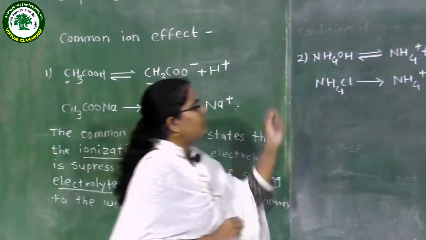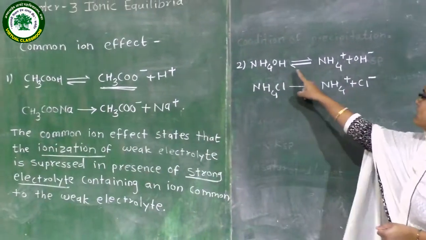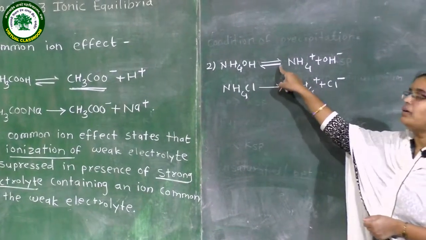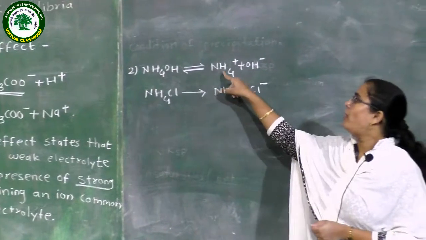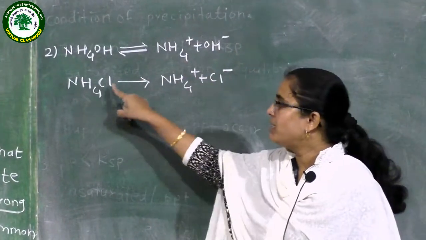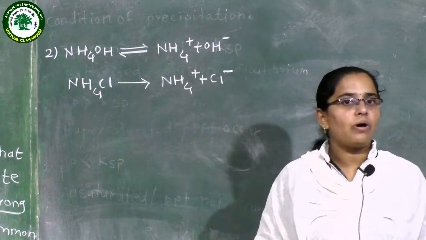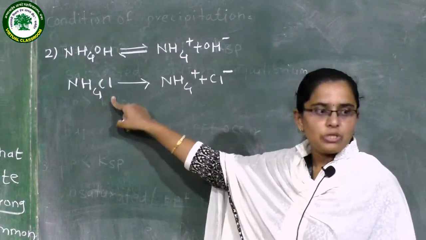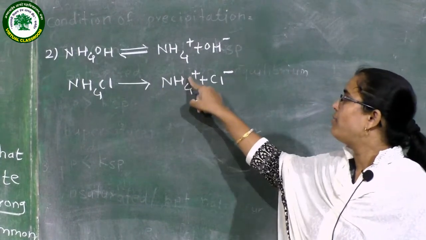See here another example, ammonium hydroxide. Ammonium hydroxide is a weak base which undergoes partial dissociation to form NH4+ and OH-, and NH4Cl. NH4Cl is a salt of weak base and strong acid, forming NH4+ and Cl-.